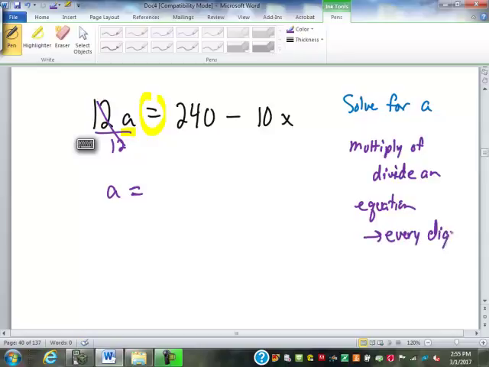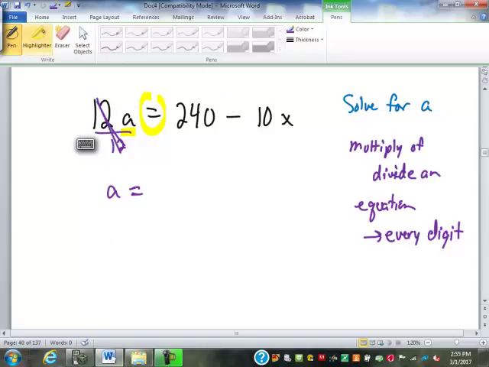Now, I didn't say every piece or every item because the 12A here is a single digit. So I don't divide the 12 and divide the A. I just divide that single digit. So dividing 12A by 12 just cancels out the 12.